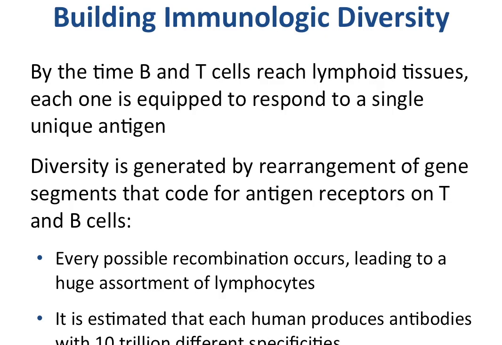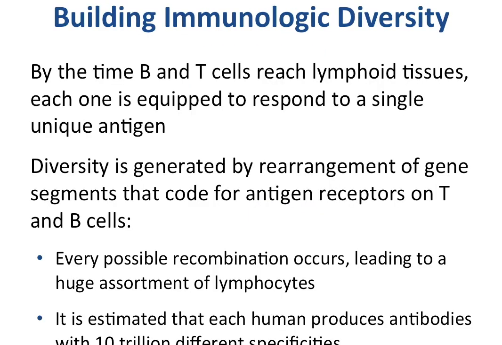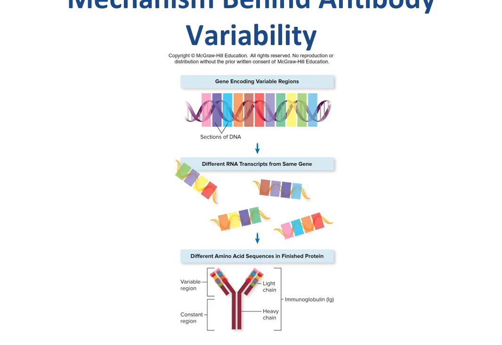The antigen receptors can be assorted in different ways, so they have many different receptors. This is a mechanism of antibody variation.